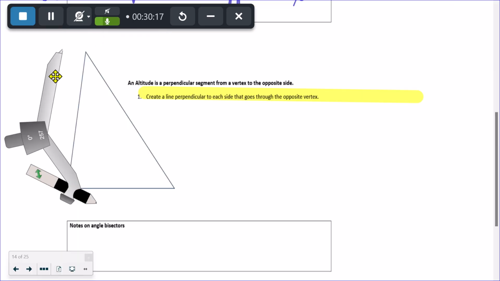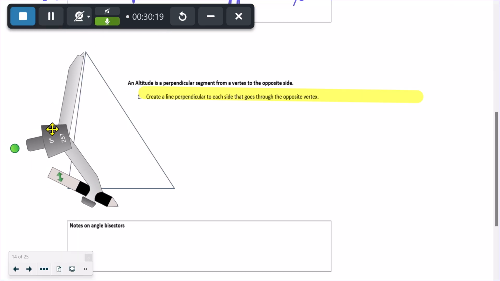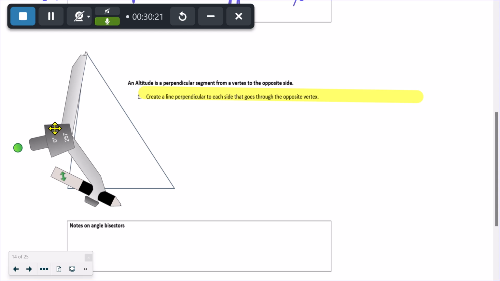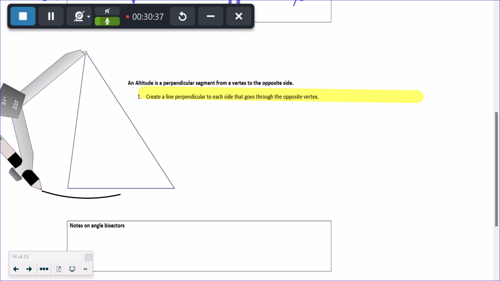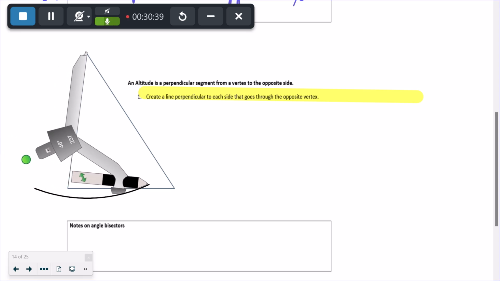All right, so you're going to put your sharp on your vertex, and make your compass a little bit bigger than the length of the distance, and you're going to give yourself a segment to bisect.